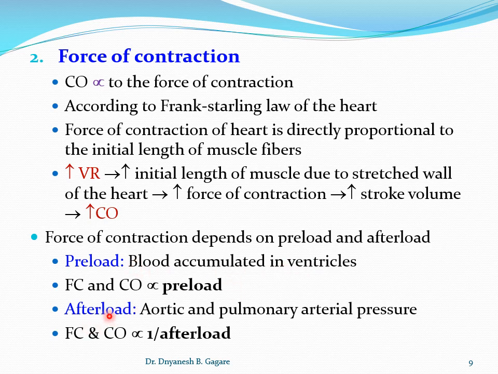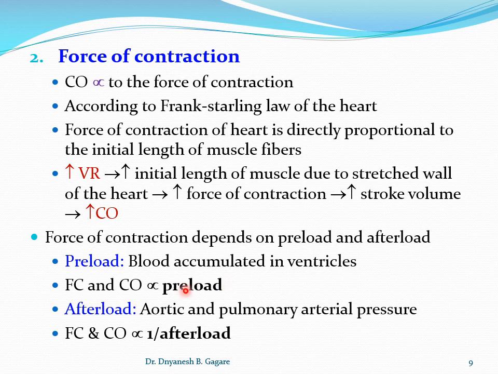Then afterload means once the contraction has started, the aortic and pulmonary valves open, and once they open, the pressure acts on the heart. That aortic pressure and pulmonary pressure acting on the heart is called the afterload. How does it affect cardiac output? Force of contraction and cardiac output are directly proportional to the preload.